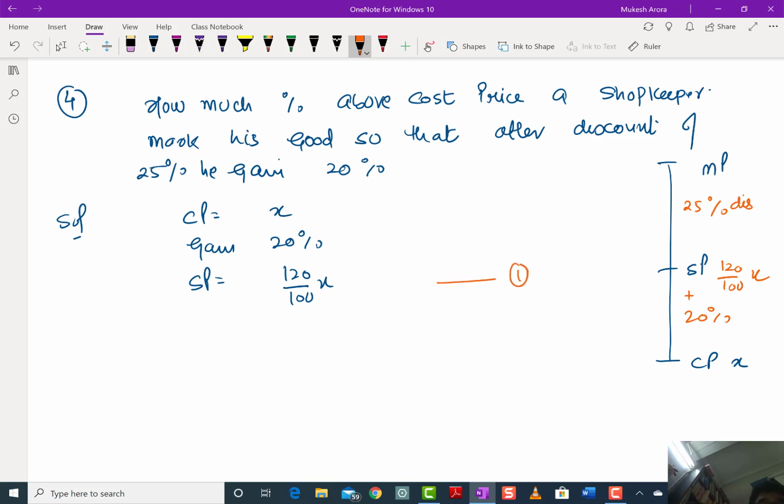Now we will write, let MP be 100. So discount is 25%, so that will be 75 will be SP.